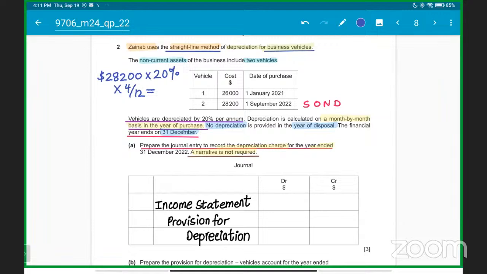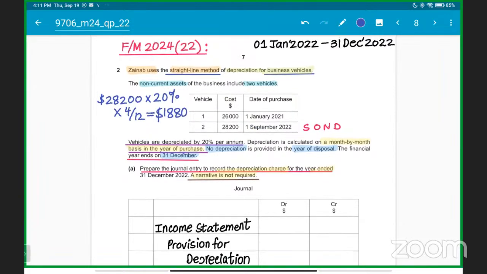For vehicle number 1, it was purchased the previous year, so it is used for the whole year, all 12 months.